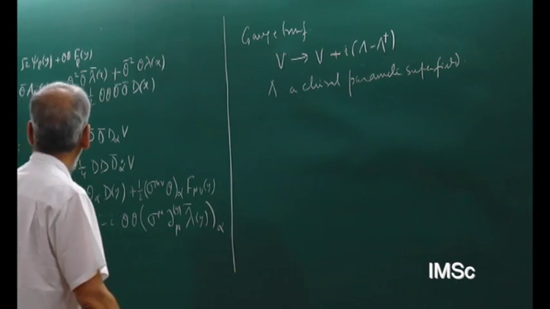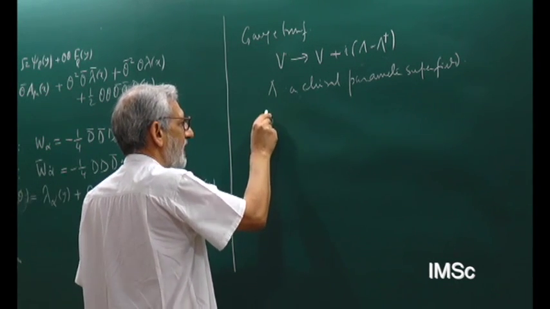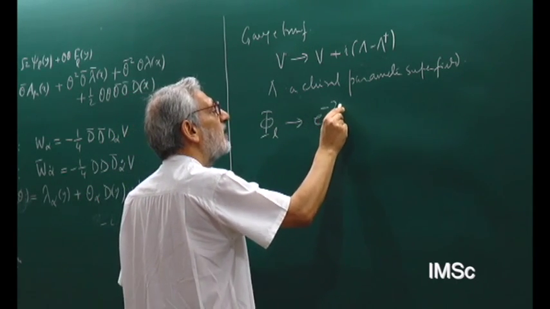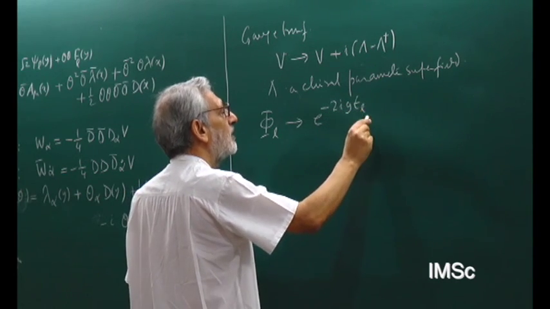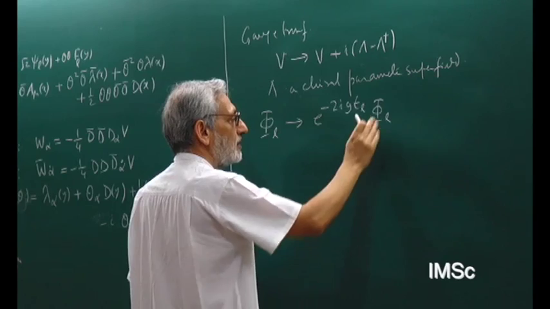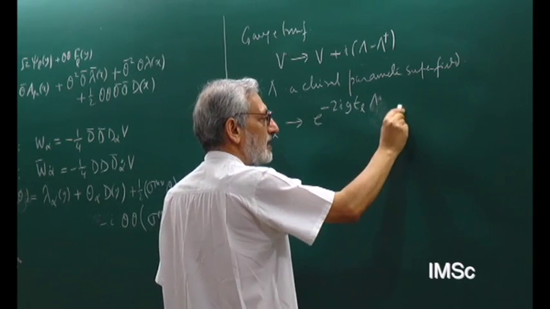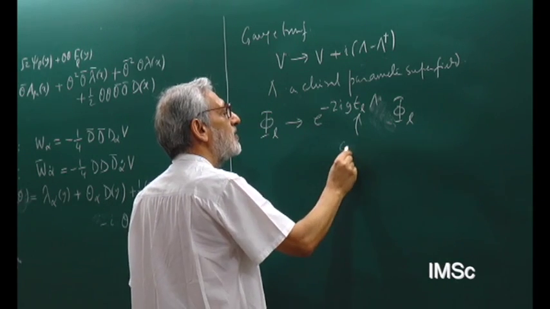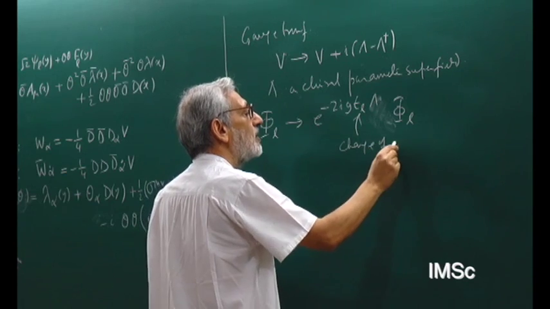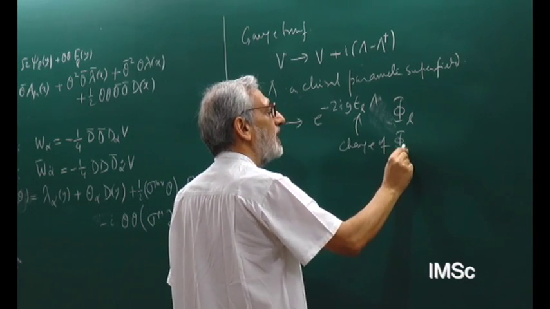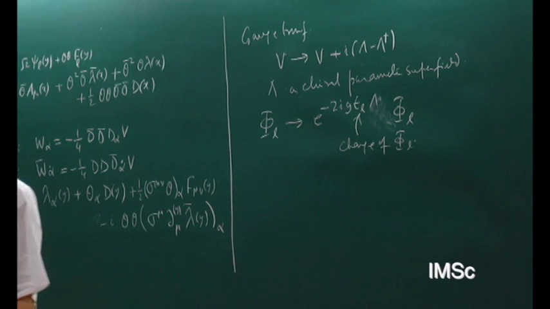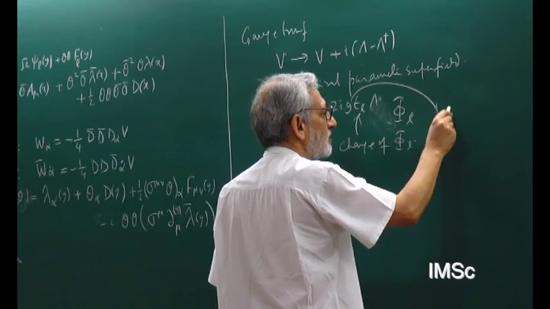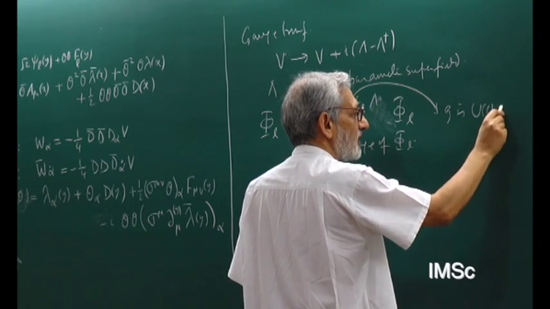And this acts on chiral superfields Phi_L as Phi_L goes to exponential minus 2i g T_L Lambda times Phi_L, where T_L is the U(1) charge of Phi_L, and g is the U(1) gauge coupling.